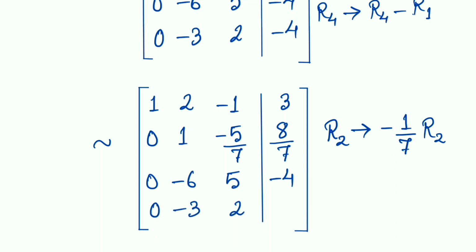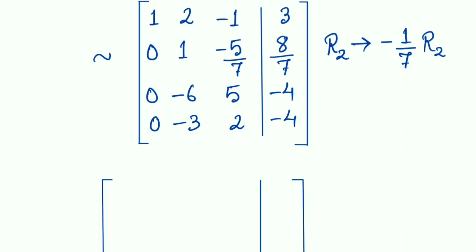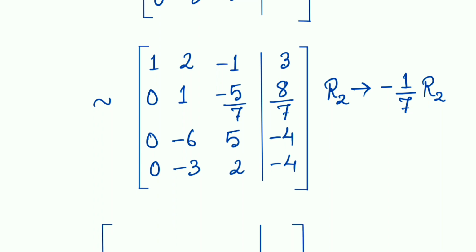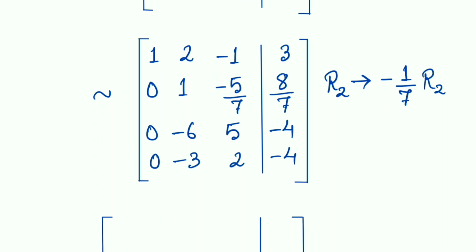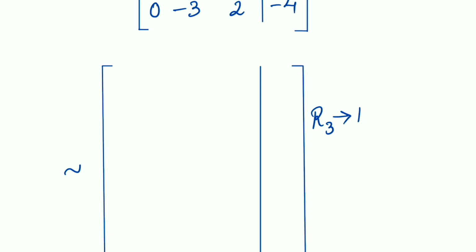Further, we proceed to reduce the augmented matrix to its echelon form. So for that, we will do operations on row 3 and try to make the leading element of row 3 equal to 1. So for that, what we will do, we will multiply 6 to row 2 and then we will add it to row 3.